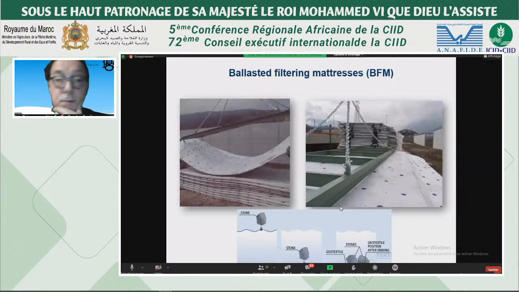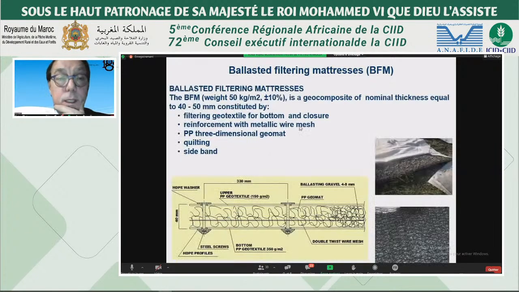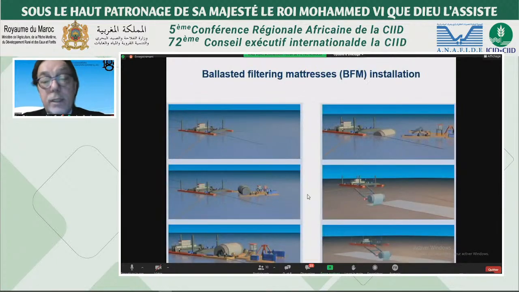Un autre produit, c'est le filtrage lesté, des matelas de filtrage lestés. Et on a un renforcement ici avec Geomat et avec une contrepointe.